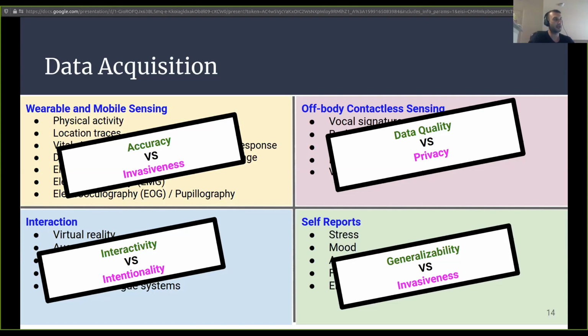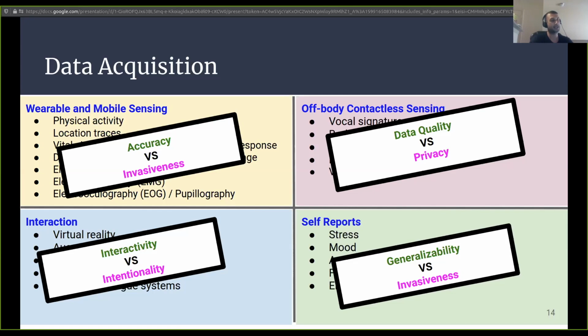In terms of wearables, there is usually an invasiveness versus accuracy trade-off that has to be decided. While in terms of contactless sensors, there is usually a trade-off between privacy and data quality. The more you want to preserve privacy, the less robust your data are, but you really have to preserve privacy, so you need to find an intermediate representation, an intermediate medium to achieve both.